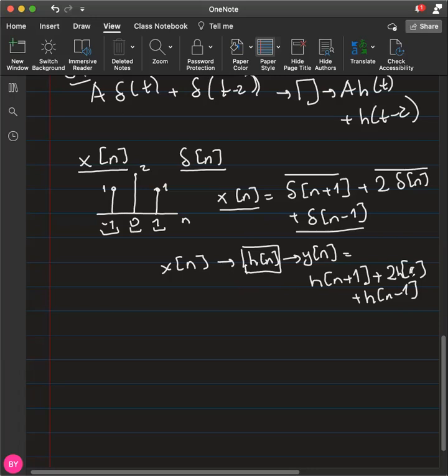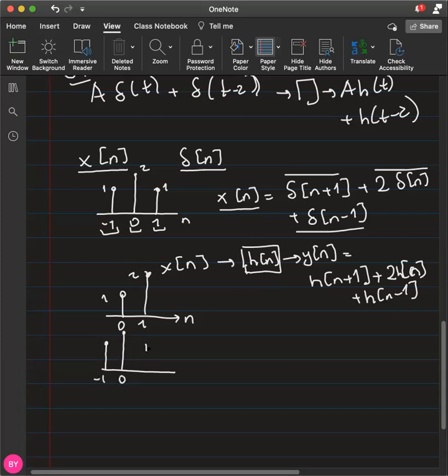If we know h of n, let's say h of n is this, okay? This is 1, this is 2, this is 0, this is 1. This is my h of n, let's say arkadaşlar. How will I find y of n for this input? I will come here and write h of n plus 1, which is shifted to the left, minus 1, 0.